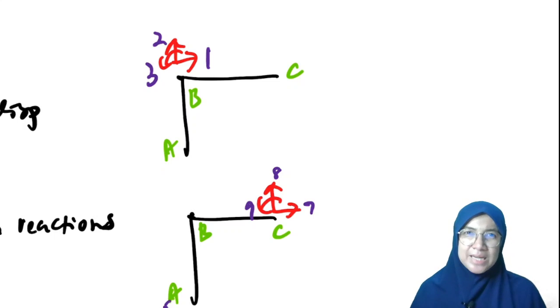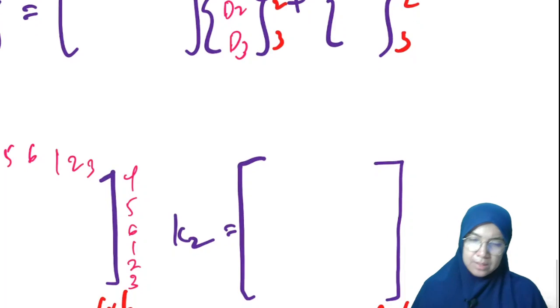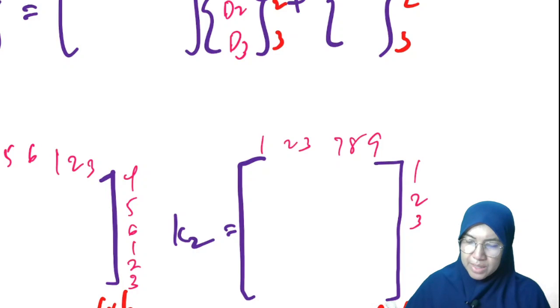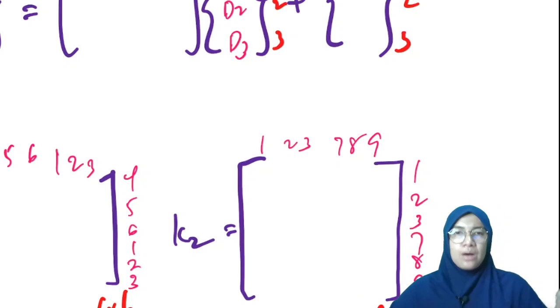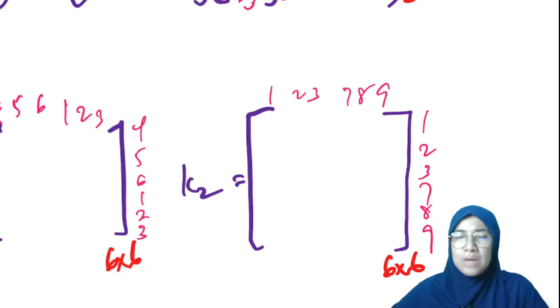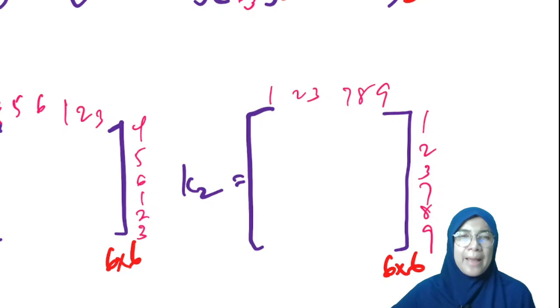So we have to put it here: 1, 2, 3, 7, 8, 9. I don't want to put all the values in detail in this step because we can calculate them using the formulas given in the appendix.